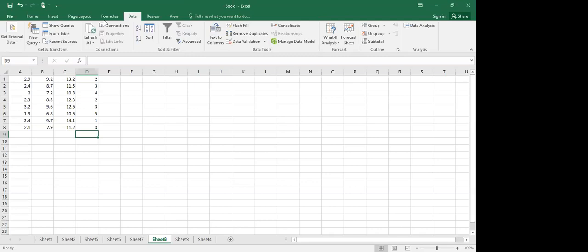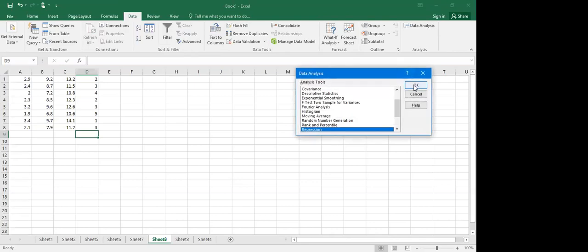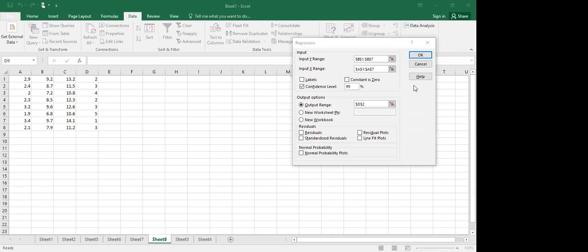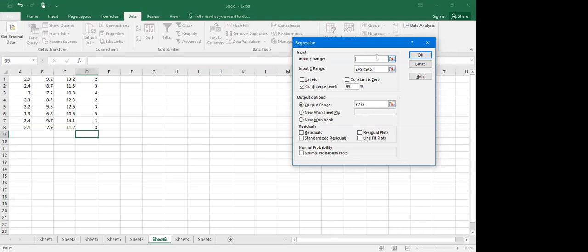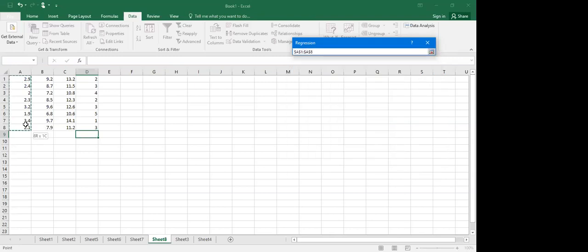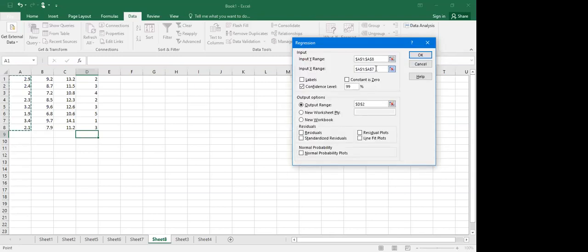All set. Okay. So now we go to data, then data analysis. Just the same thing, and regression. So our dependent variable is column A, A1 to A8. Now for the independent variables, we are going to highlight them together.